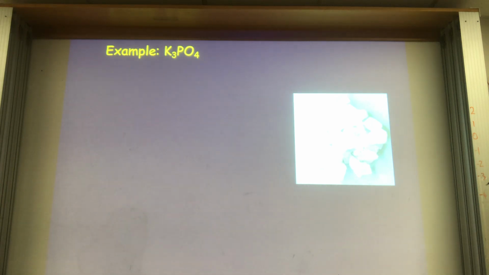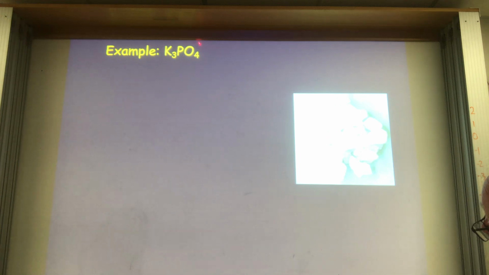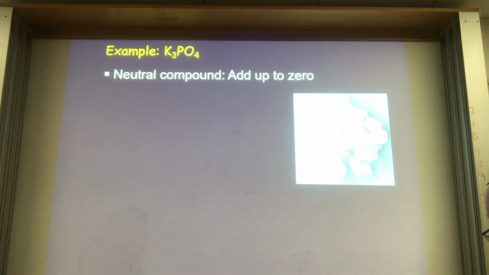Okay, examples. Potassium phosphate. What do we know about potassium phosphate? Well, it's a neutral compound, no charge there, so the oxidation numbers are going to add up to 0. We know this is an ionic compound made up of potassium ions and phosphate ions.